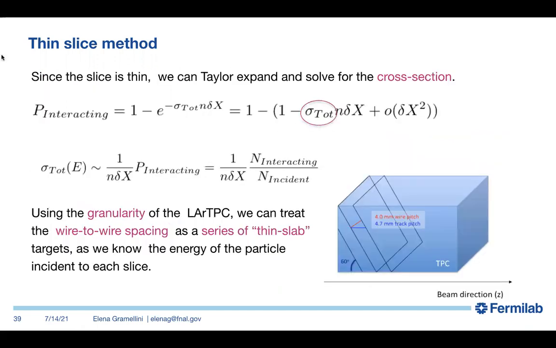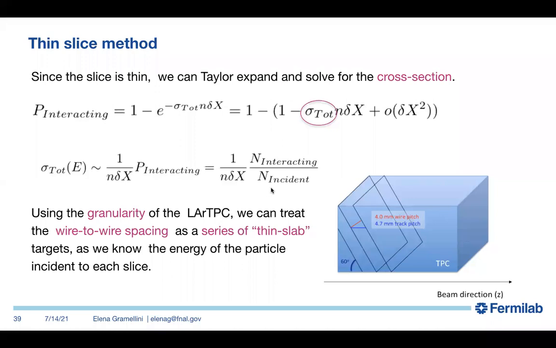You can say, well, the probability of interacting becomes proportional to this, and your cross section, which is the number that you want to measure, has a very simple relationship with the numbers that your thin target experiment is actually measuring. That is the number of interacting particles over the number of incident ones: the number that you count at the end of the experiment and the number that you sent in.